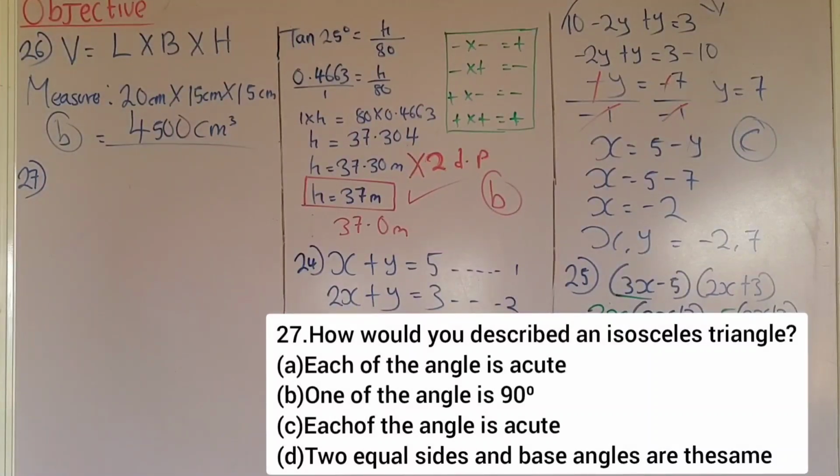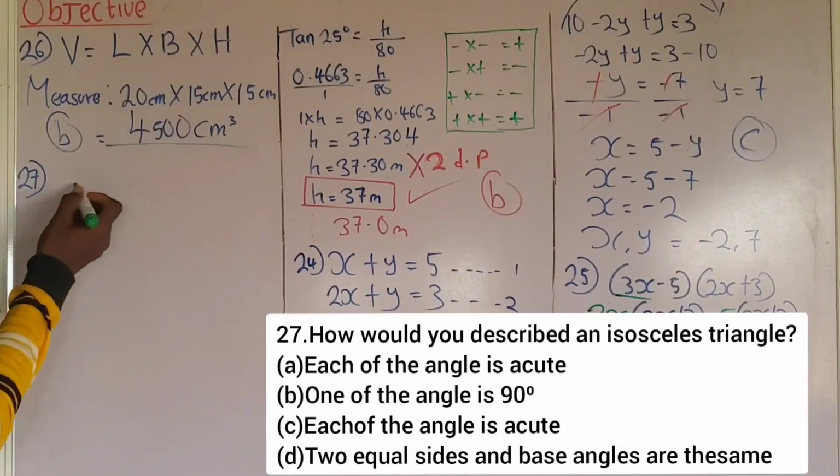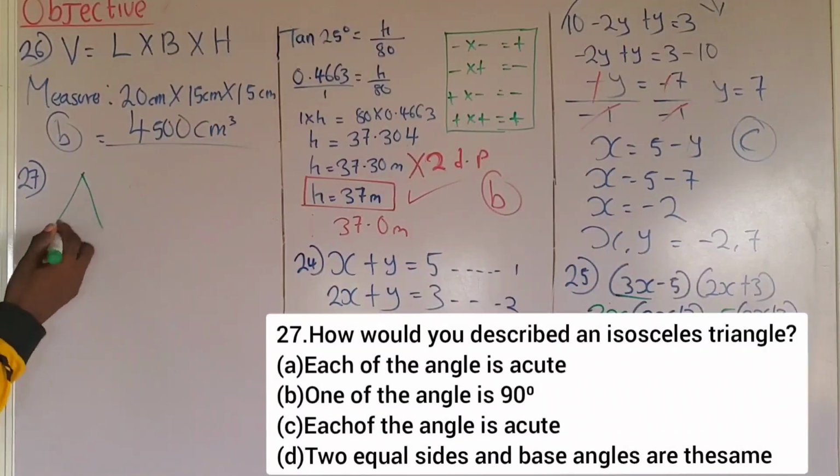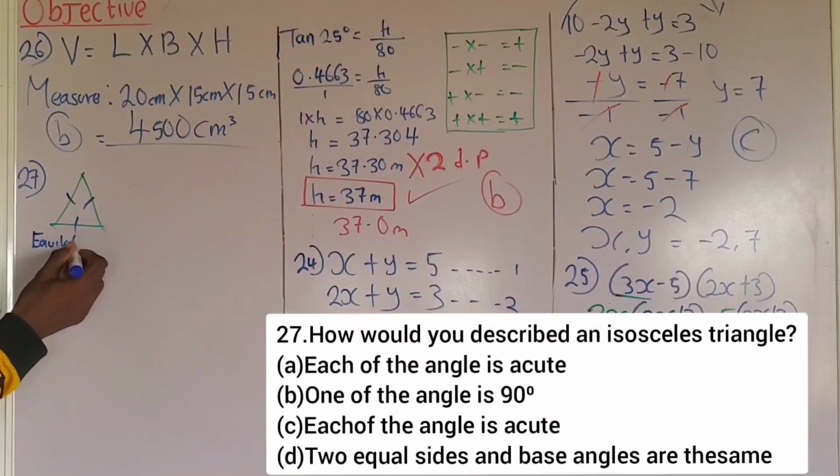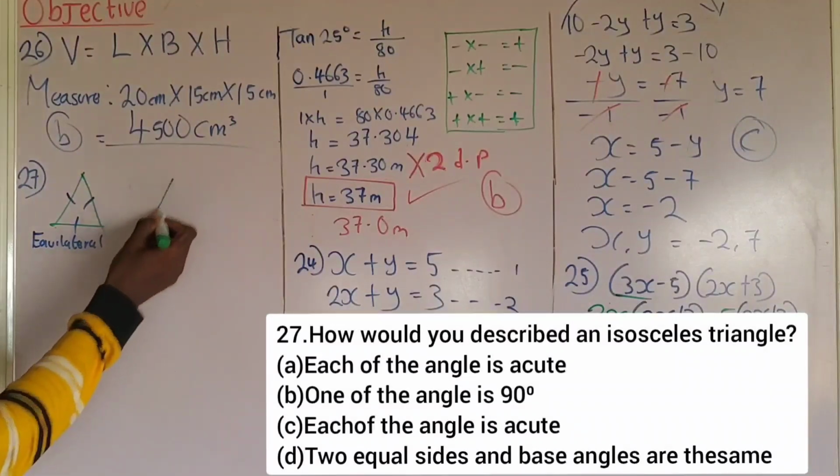Now, you have to know what is meant by an isosceles triangle. We have many types of triangle. Number one, equilateral. Let me draw it. In an equilateral triangle, all the sides and the angles are equal. That is why we call it an equilateral triangle. Now we have another triangle known as the isosceles triangle.